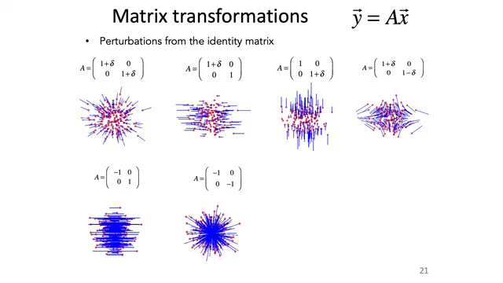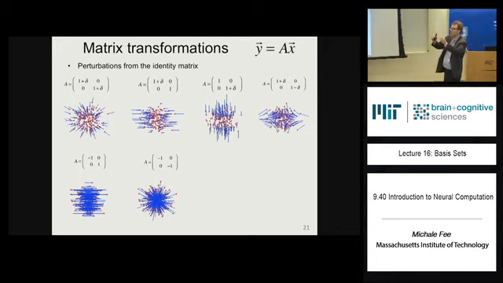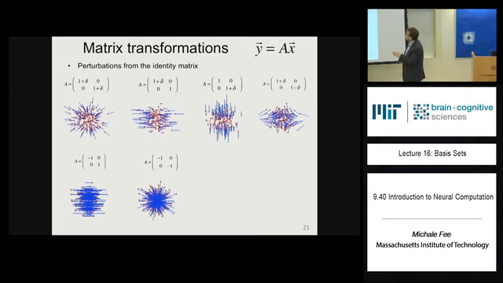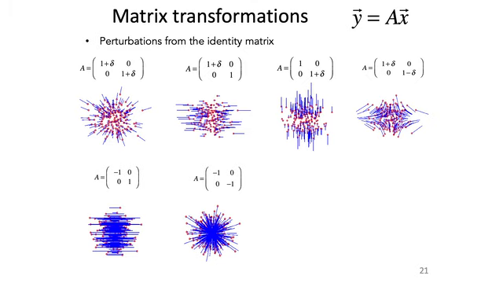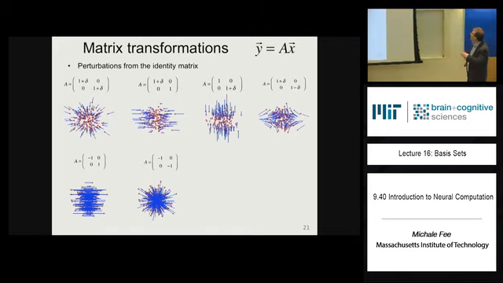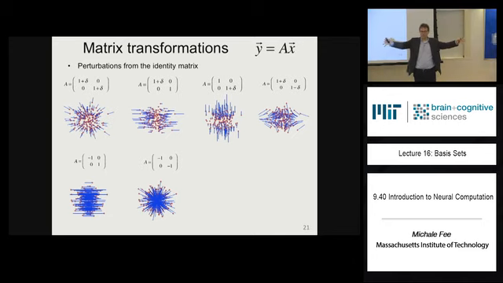So if you take the identity matrix and you make a small perturbation to both of the diagonal elements, the same perturbation to both diagonal elements, you're basically taking a set of vectors and you're stretching them uniformly in all directions. If you make a perturbation to just one of the components of the identity matrix, you can take the data and stretch it in one direction or stretch it in the other direction. If you add something to the first component and subtract something from the second component, you can stretch in one direction and compress in another direction.